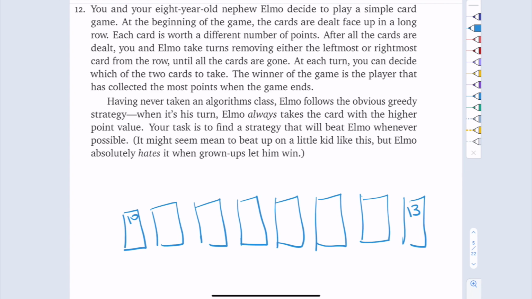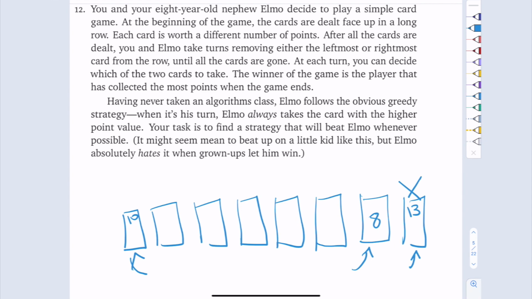The rule is each turn, probably Elmo goes first because Elmo is younger, Elmo chooses one of the outside cards. Maybe Elmo chooses 13 and removes that from the end, and then you get to choose one of the outside cards, and you get however many points as you take, and then Elmo takes an outside card, and then you, and then Elmo. So you go back and forth.